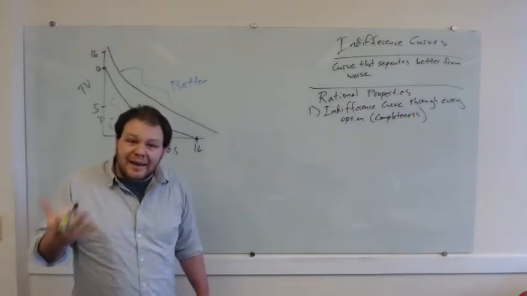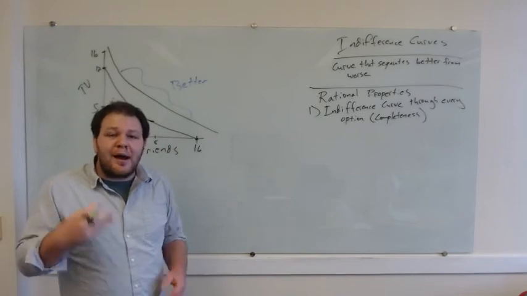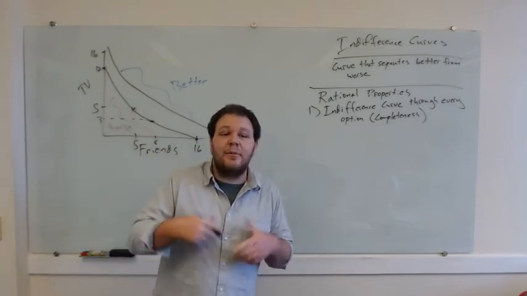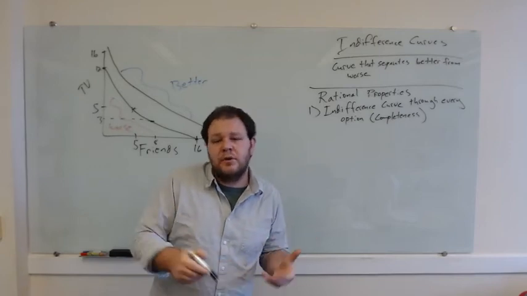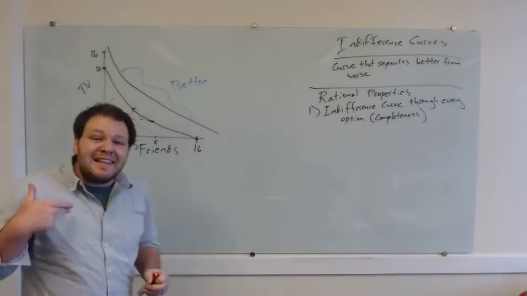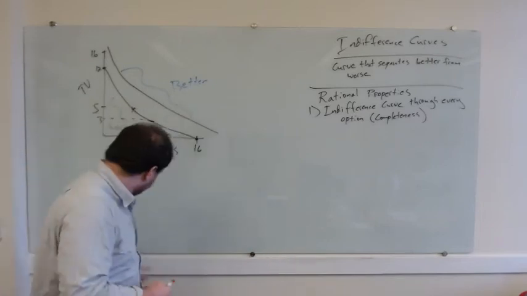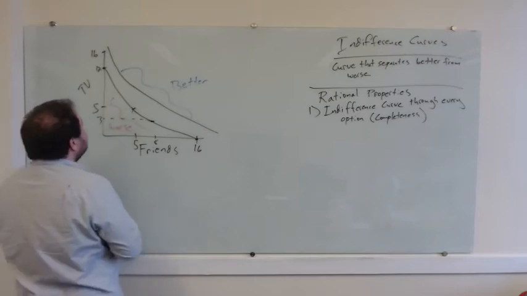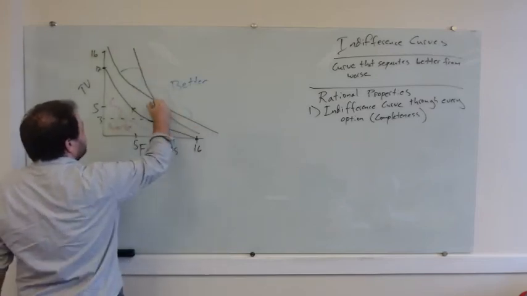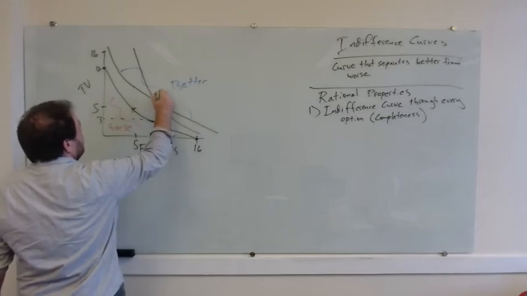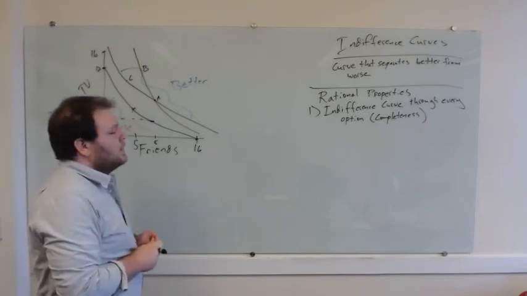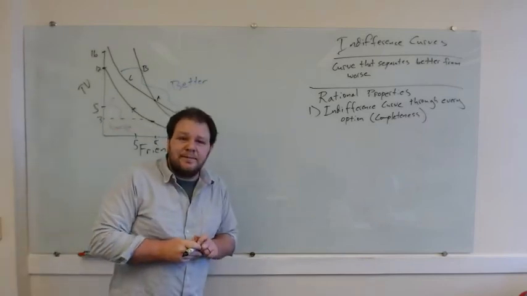Okay, so our second property of preferences is that they have to be transitive, that our preferences have to be consistent with each other. We're going to represent this in indifference curves by saying that indifference curves can never cross. To show you this, let's imagine that I did have indifference curves that crossed. So let's say that I drew another indifference curve that looked like this, and I'll draw out some points like point A, point B, point C. Well, let's think about what this is telling us.